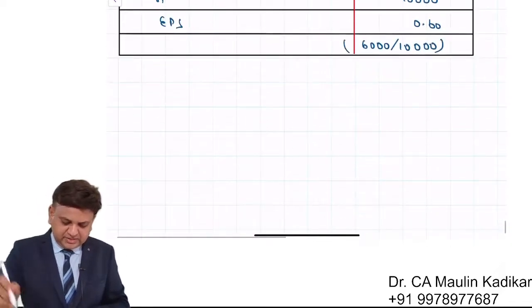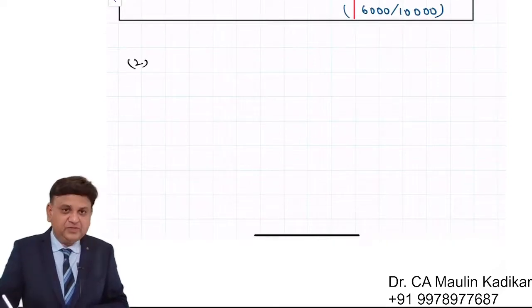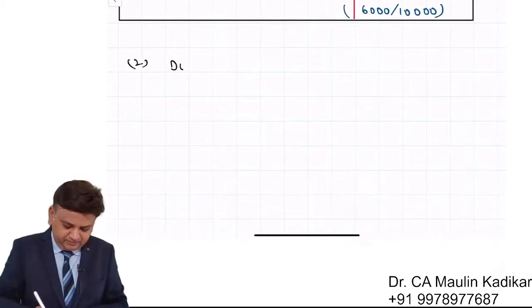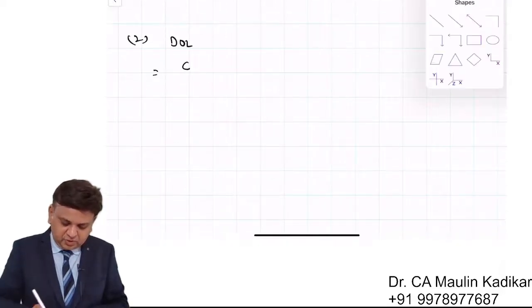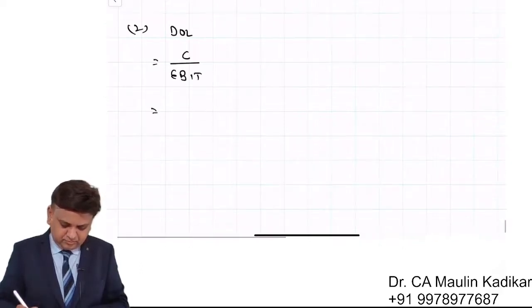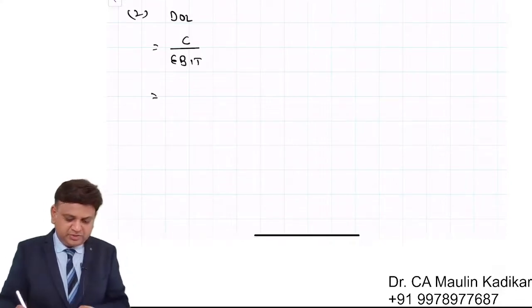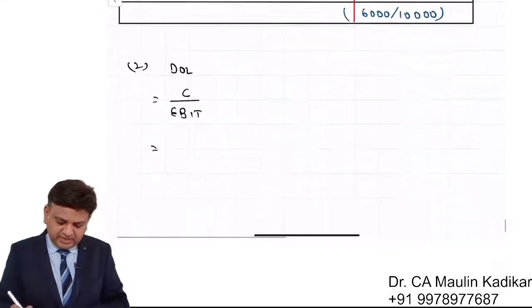So now the answer of the second question, in which we have to find DOL. It is contribution upon EBIT. The amount of the contribution is 60,000, EBIT is 30,000.